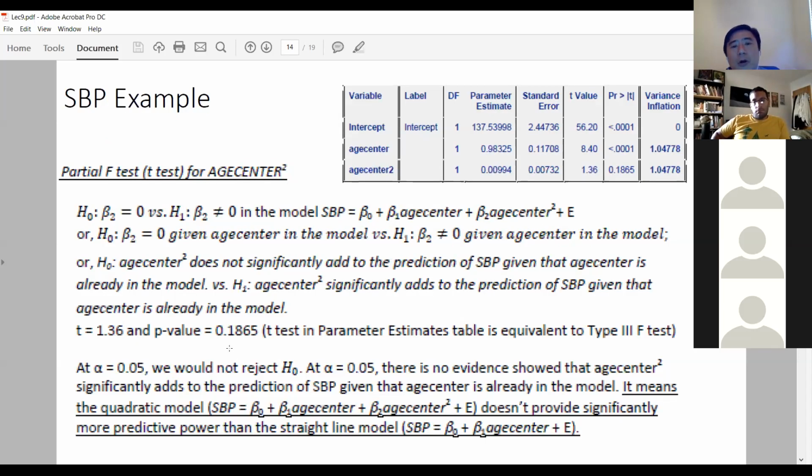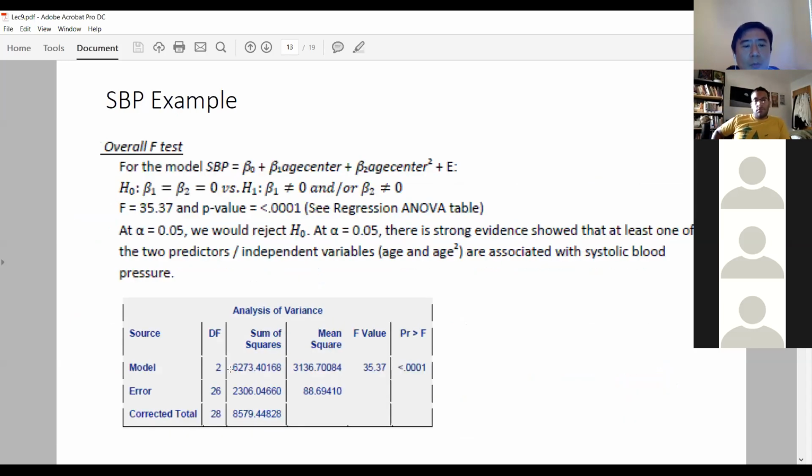If you want to do the partial F test, you need to reference lecture 3 and lecture 4 notes. That means you need to run two models. One model includes only the linear term. The other includes both the linear term and the quadratic term.